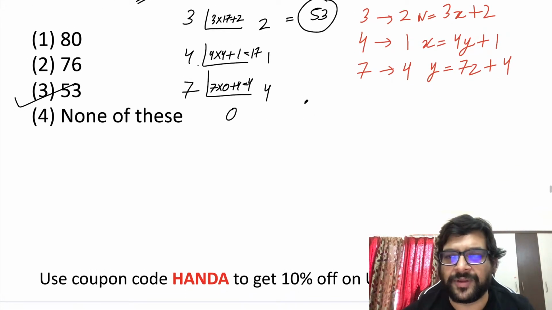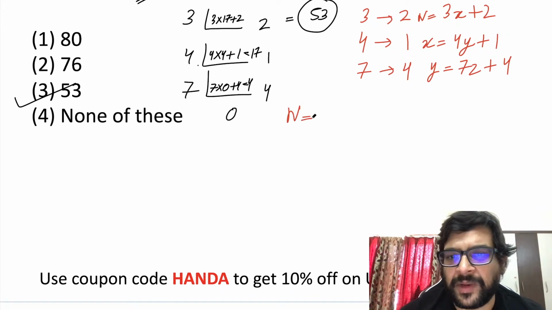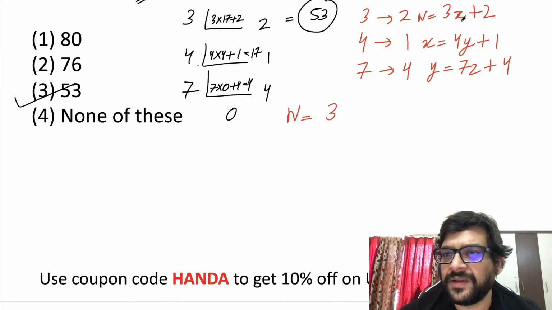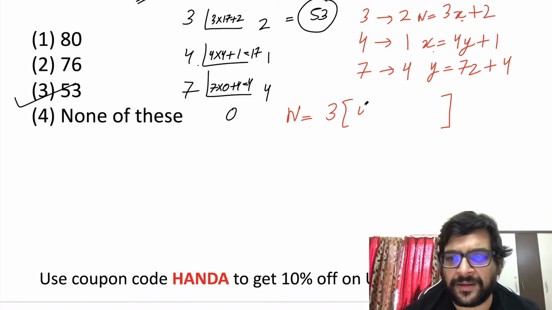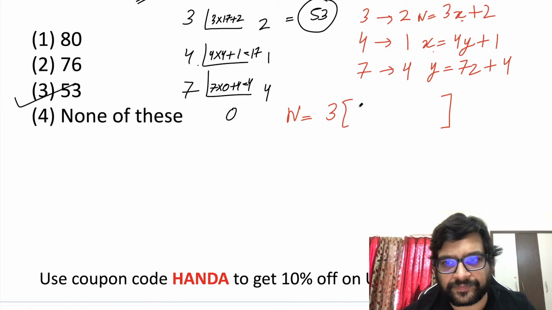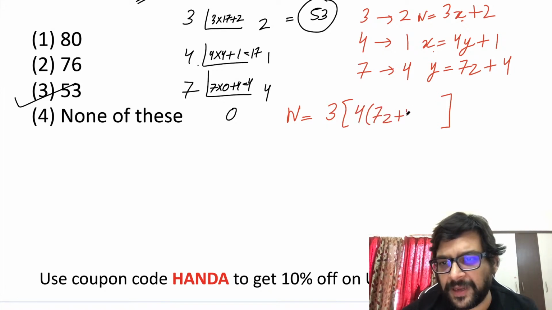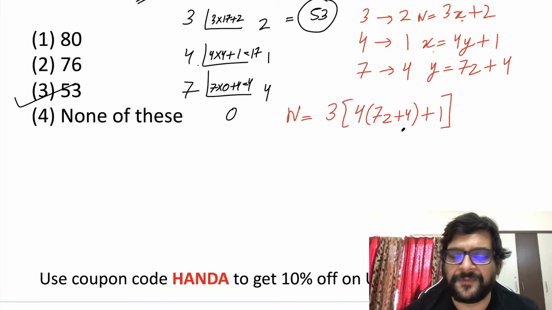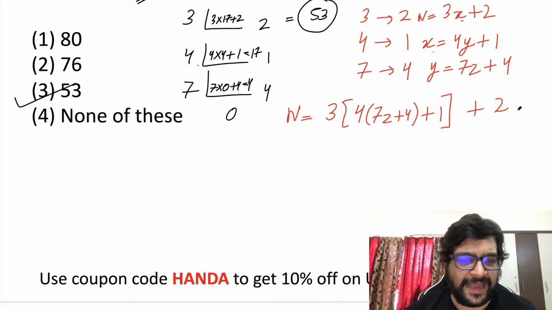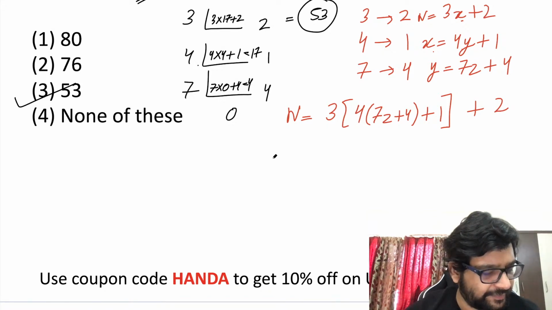Let's put those values in. So n will be 3x plus 2. What is x? x is 4y plus 1. So 4 times y, and y is 7z plus 4. This is my generic format for n.